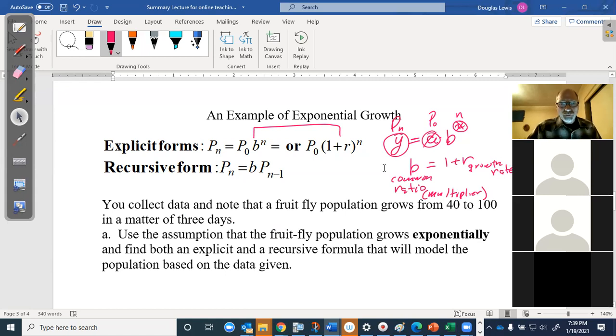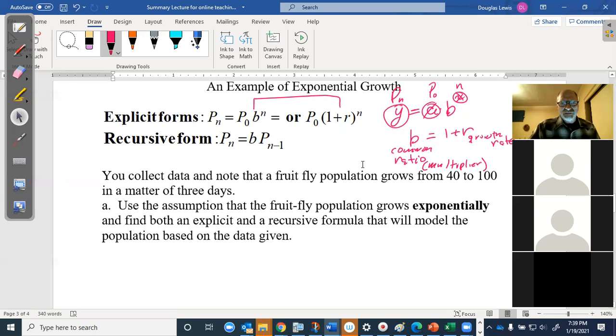So when we do these exponentials, let's see, this doesn't give you the growth rate. We'll talk about the growth rate when we find b. So it says you collect data and note that a fruit fly population grows from 40 to 100 in a matter of 3 days.